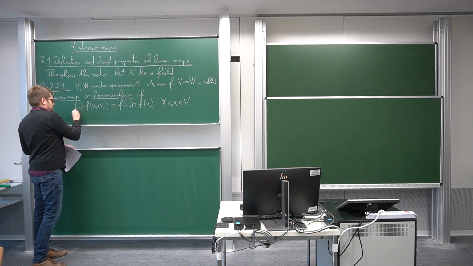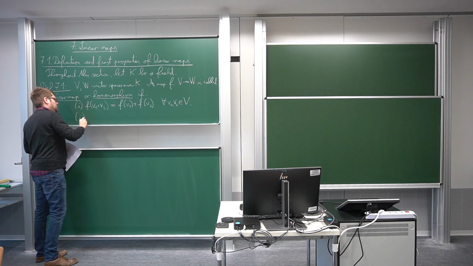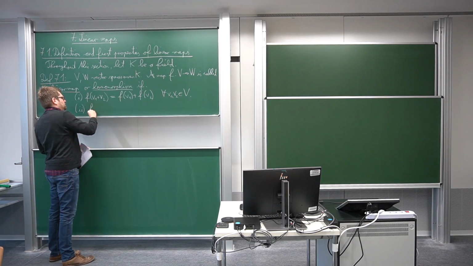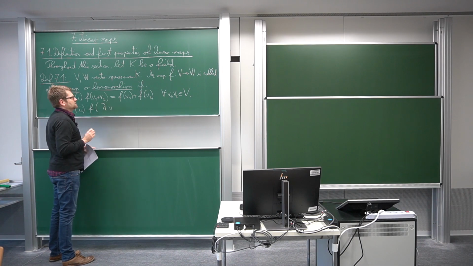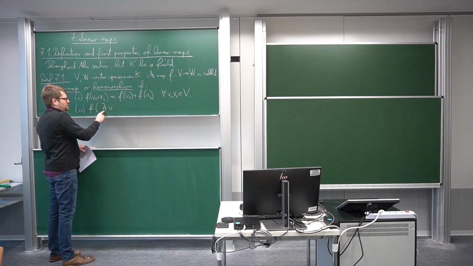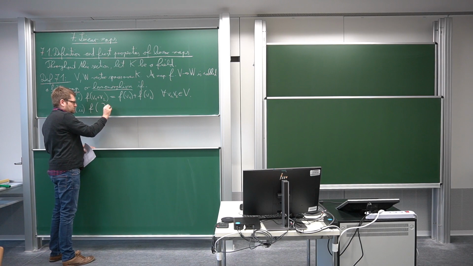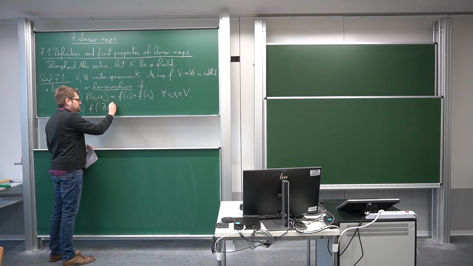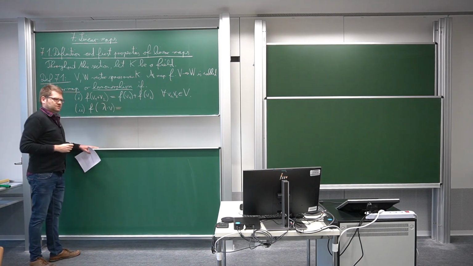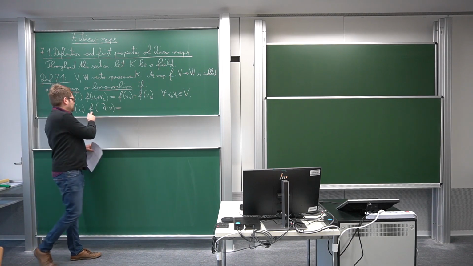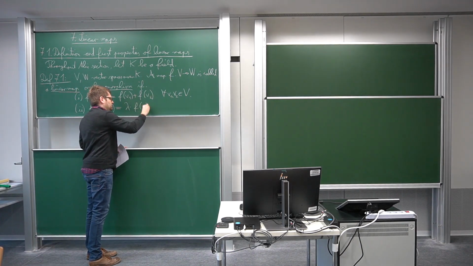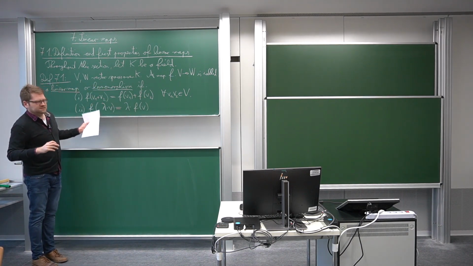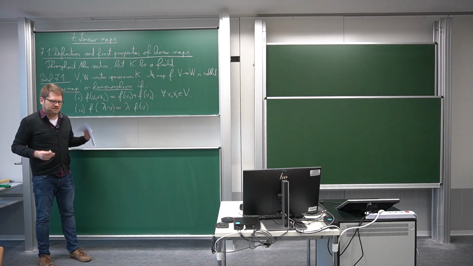And secondly, the scalar multiplication. So if we take a vector V in the vector space capital V, and multiply it with some scalar lambda, so this is just multiplication with an element of the field, we also want it to respect scalar multiplication, so the result should be lambda times F of V. So scalar multiples are mapped onto scalar multiples.